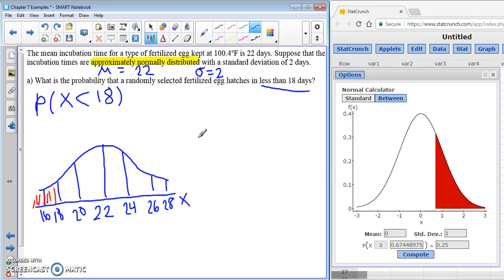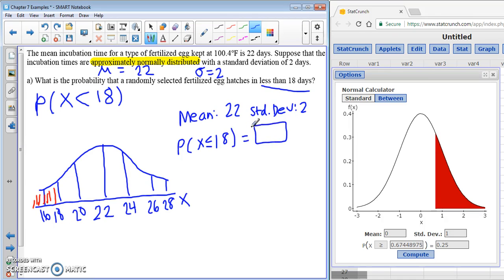So let's go to StatCrunch here. Our mean is 22, our standard deviation is 2, and we want the probability that X is less than or equal to 18. We're looking for that area, or the probability of that answer.